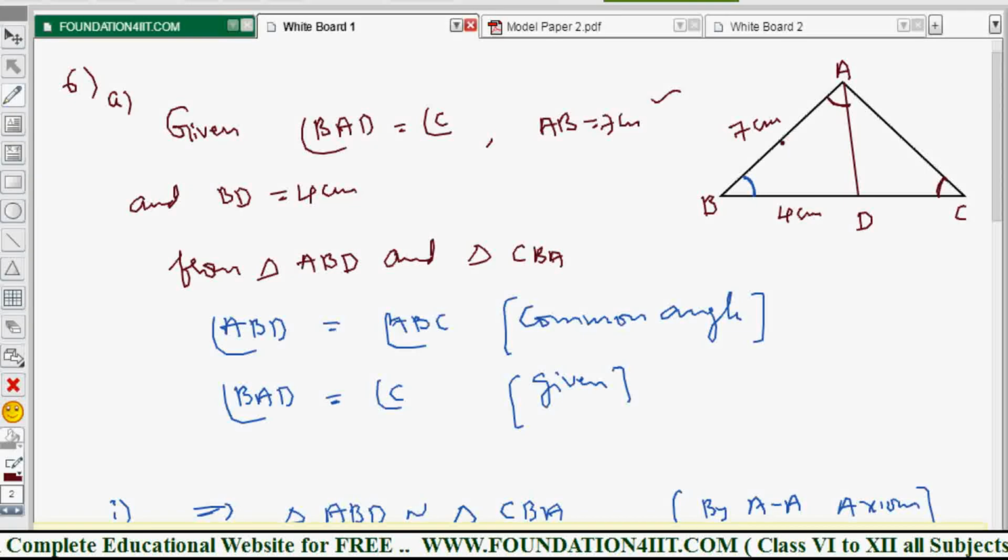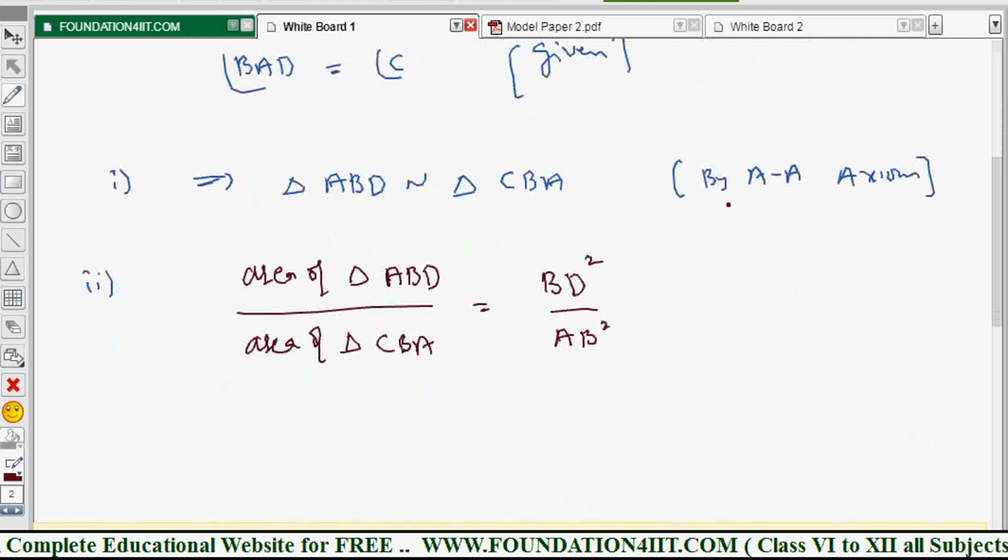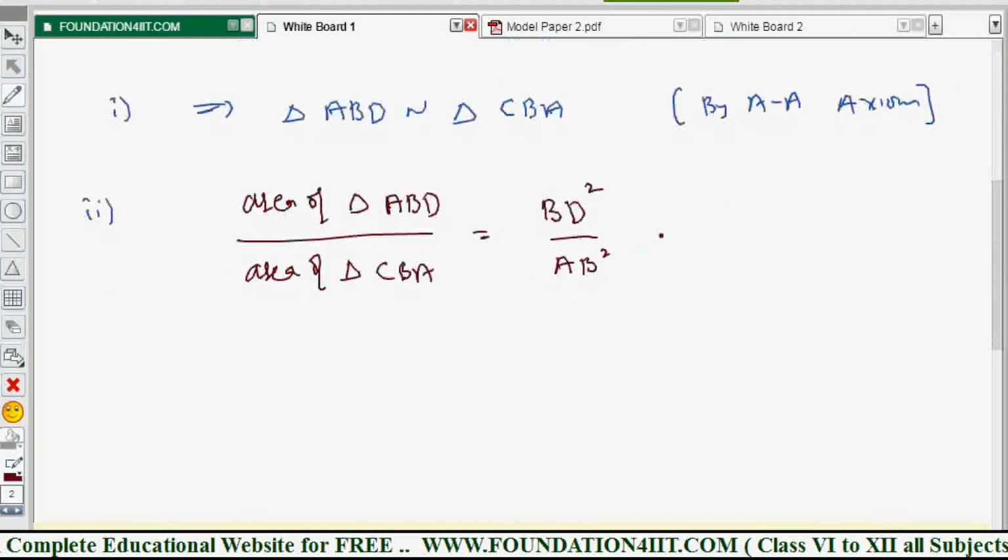So it is BD squared by AB squared, which is 4 squared by 7 squared. 4 squared is 16 and 7 squared is 49.